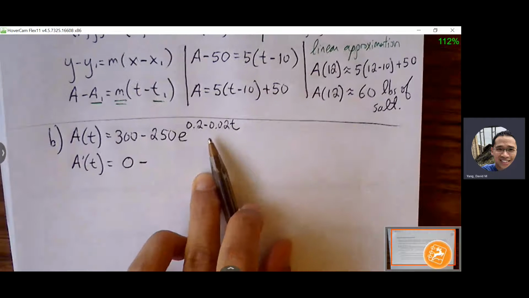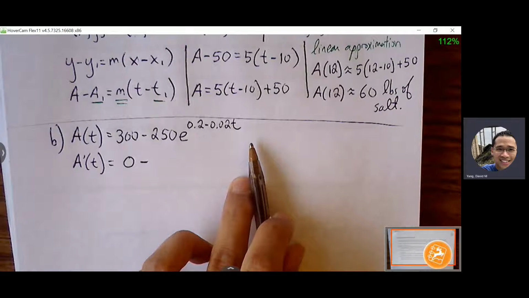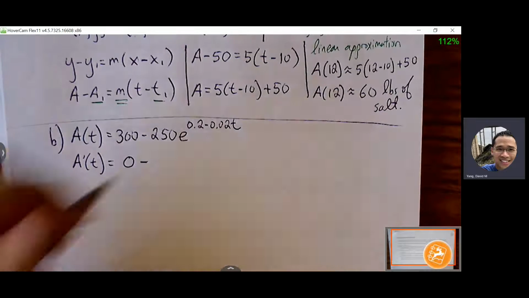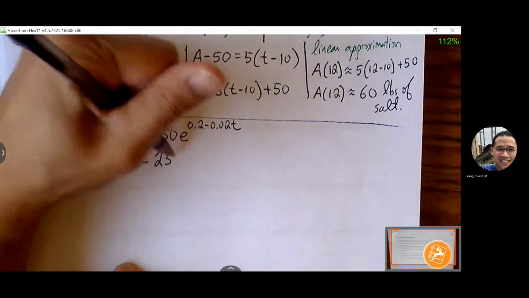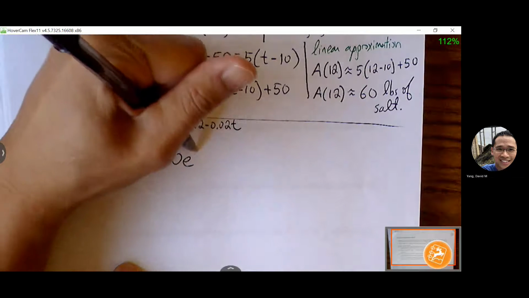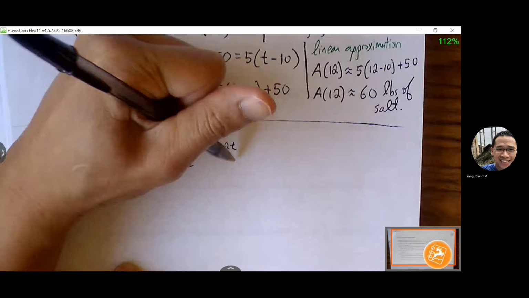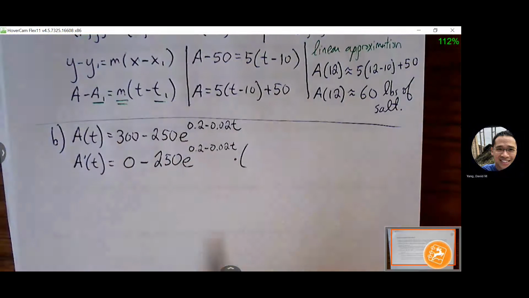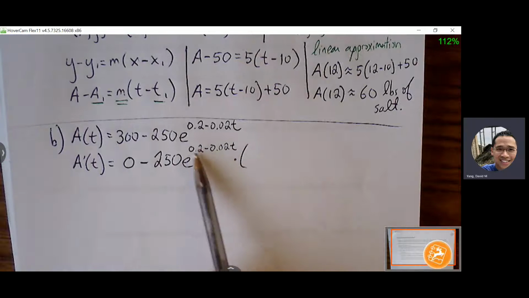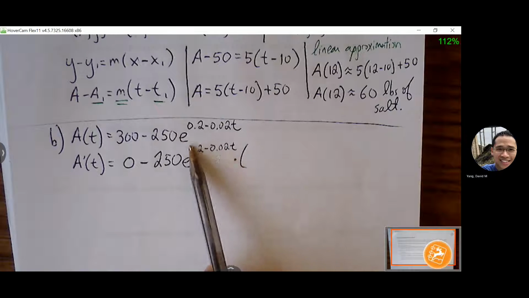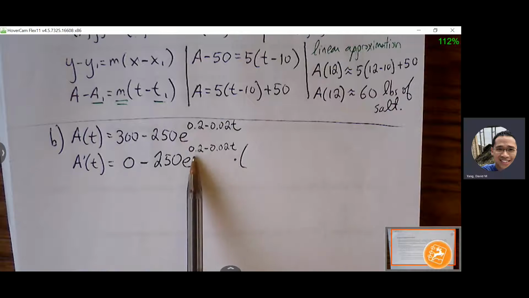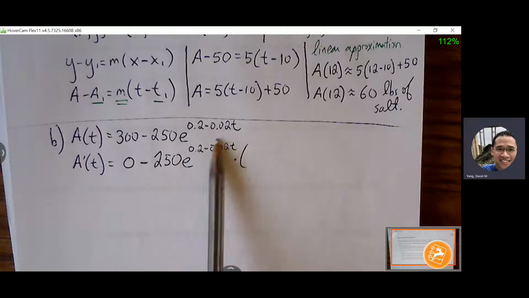So the rule for e to the u is e to the u times u prime. So 250 will stay. That's just a coefficient. Times, what's the derivative of my full exponent here? Yeah, just negative 0.02, right? 0.02 is a constant. It's just the coefficient from that linear term there.